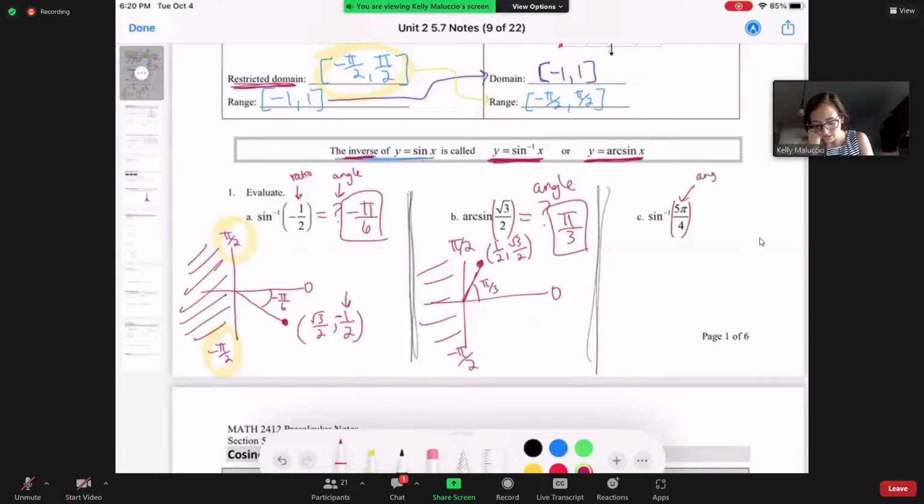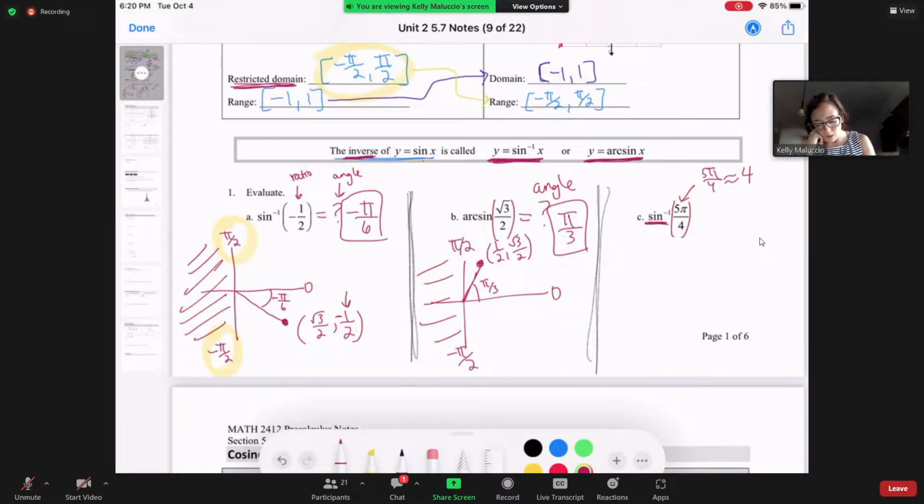They're not meaning for it to be, but if I calculate what 5 pi/4 is in a calculator, because I don't know what angle, when I take sine, gets me 5 pi/4. This doesn't make sense. So this is approximately 4-ish point something.